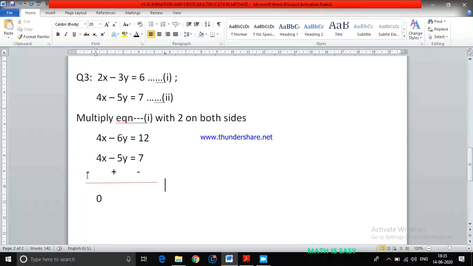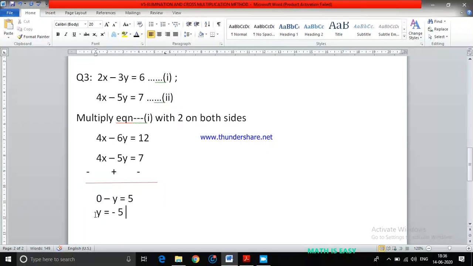So plus 4x will become minus 4x, minus 5y will become plus 5y, and plus 7 will become minus 7. So 4x minus 4x will get cancelled, so that will be 0. Minus 6y plus 5y will give you minus 1y, that is minus y, will be equals to 12 minus 7. 12 minus 7 is 5. So finally I can conclude here y will be equals to minus 5.